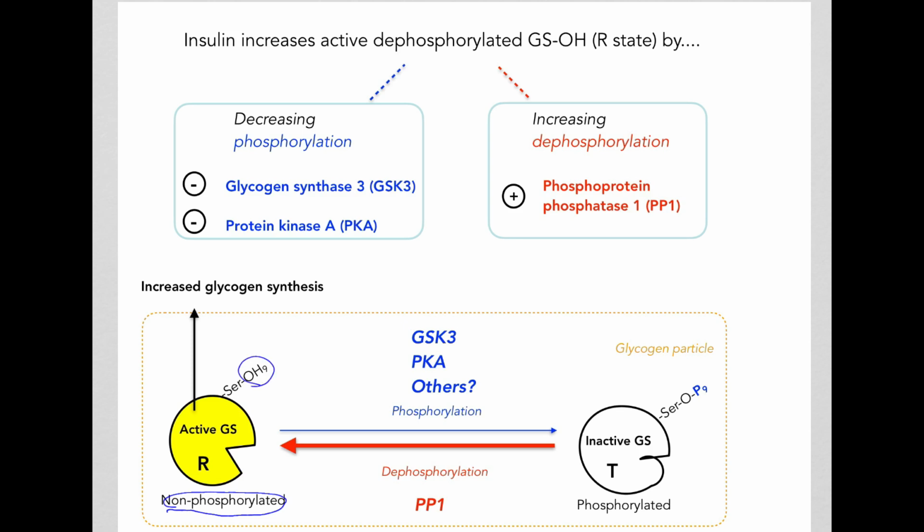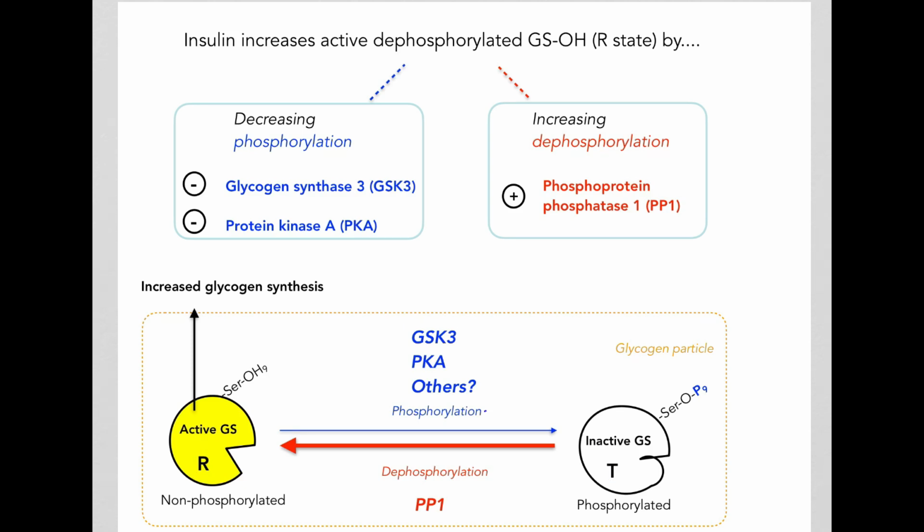You can see the OH group here, or it can exist as the phosphorylated form, and we see the hydroxyl groups becoming phosphorylated, and these hydroxyl groups are present mostly on serine residues of glycogen synthase. Now note that the dephosphorylated or non-phosphorylated form is the active form. We'll just call that the R state, while the phosphorylated form is the inactive or the T state.